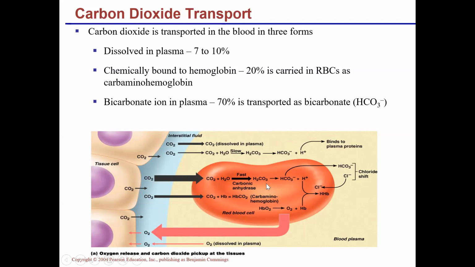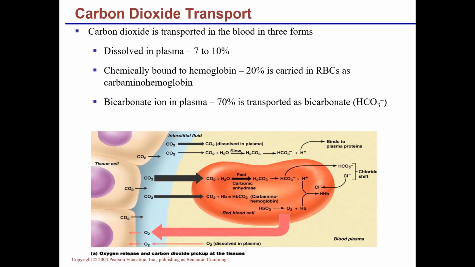This reaction requires an enzyme, carbonic anhydrase. This enzyme is only in the RBC, not in the plasma. Because of this anhydrase, this reaction can take place really fast. So CO2 can be converted to bicarbonate ion and hydrogen ion.